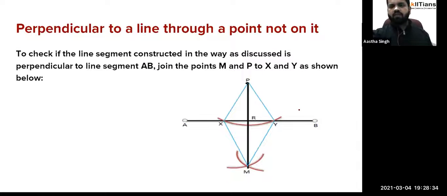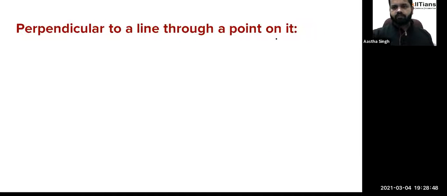So this is what we have discussed: perpendicular to a line through a point not on it. Not on it means it is an external point, external to that line. Our first case was perpendicular to a line through a point on it, guys.